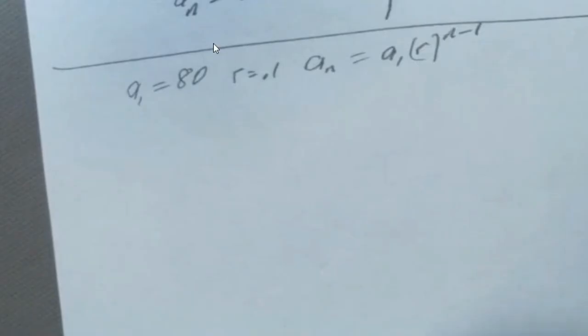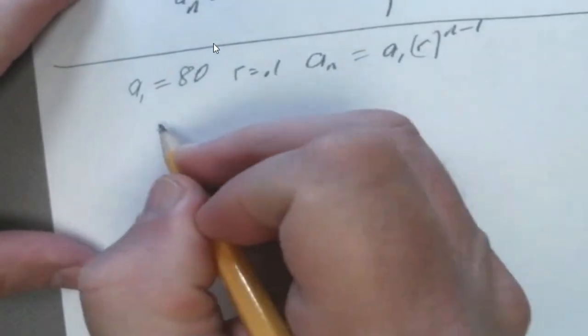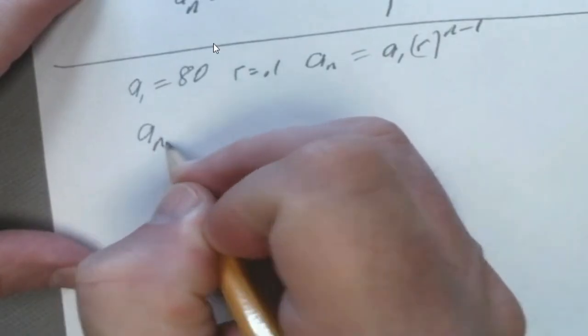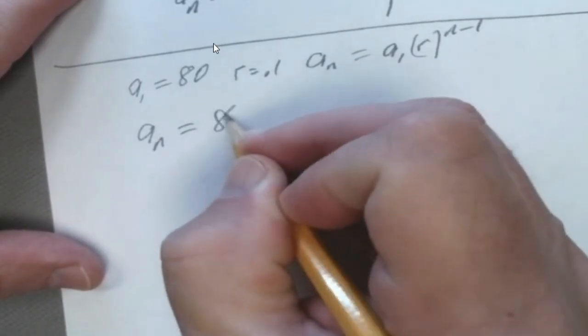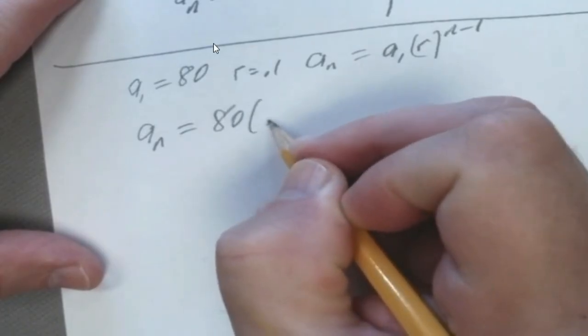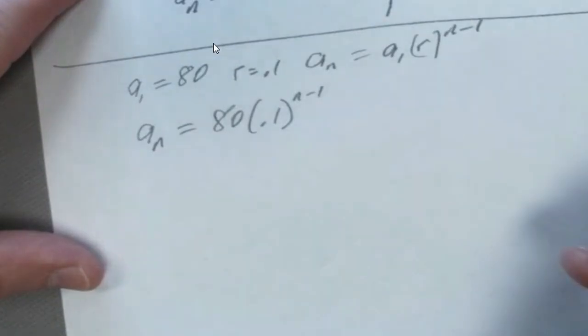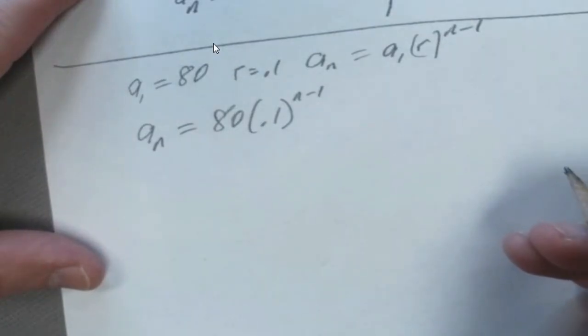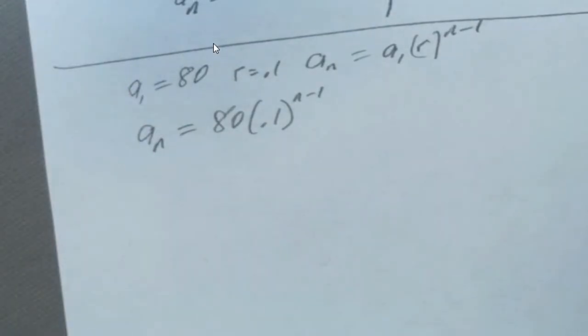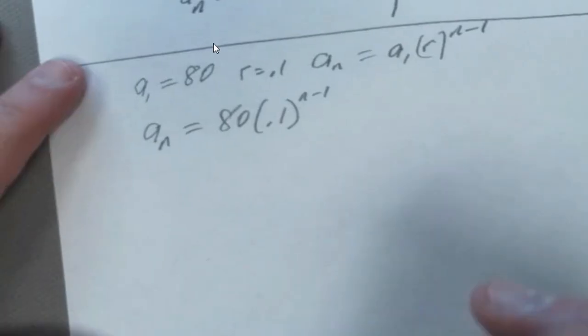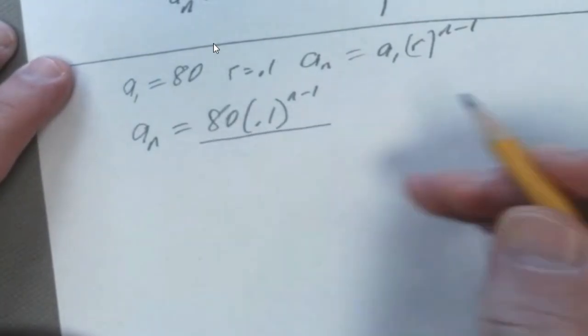1/10 is 0.1. So for the formula, A sub n equals 80 times 0.1 raised to the n minus 1. And he can resubmit it up to 9 times. But let's put this in as our y.